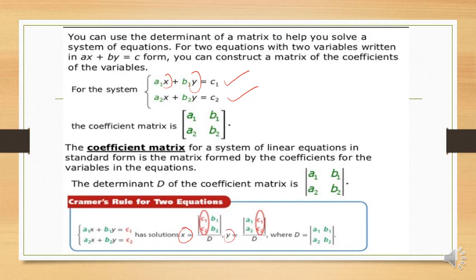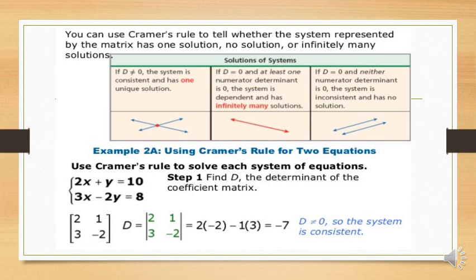Similarly for y, put c1 and c2 in the y column with a1 and a2 the same, divided by the determinant, and we get the value of y. The determinant can also tell us, by Cramer's rule, how many solutions our system can have.